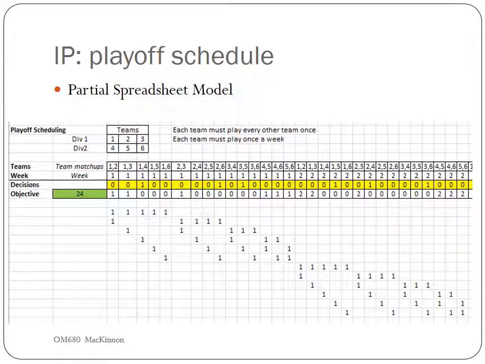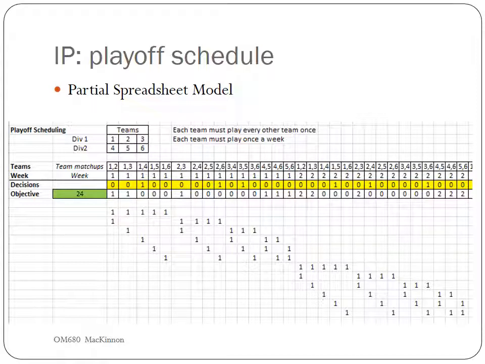Now, this is a complex model, probably not something I would ask on an exam. And this is actually only the partial spreadsheet model because it won't really fit on one slide. But as you can see, we've listed out the potential team matchups for each week. Each team has to play every other team, and each team has to play once a week.